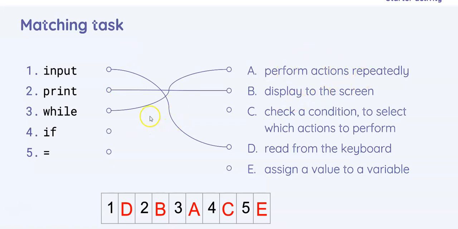So while is a type of loop or a type of iteration. And if checks a condition to select which actions to perform. And the equal sign is used to assign a value to a variable, which simply means to store a value in a variable.